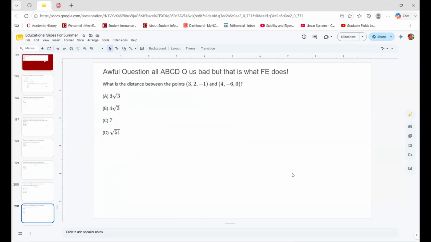What's this? That's just subtracting these two. That's the square root of 1 squared plus 8 squared plus 1 squared. So that's 10 squared, which is not even there. There must be a mistake I made. Yeah, I think I made a mistake somewhere, maybe.